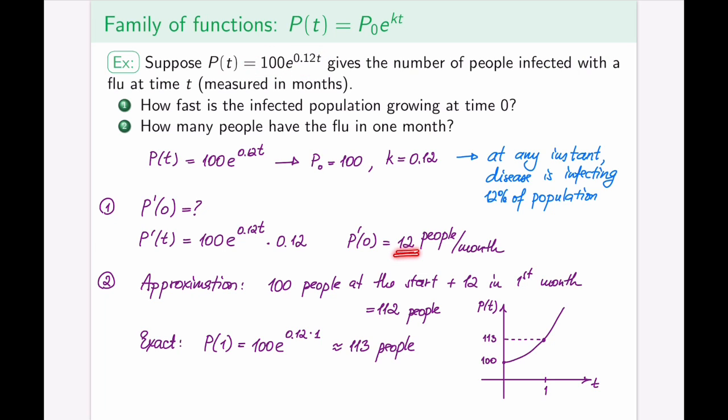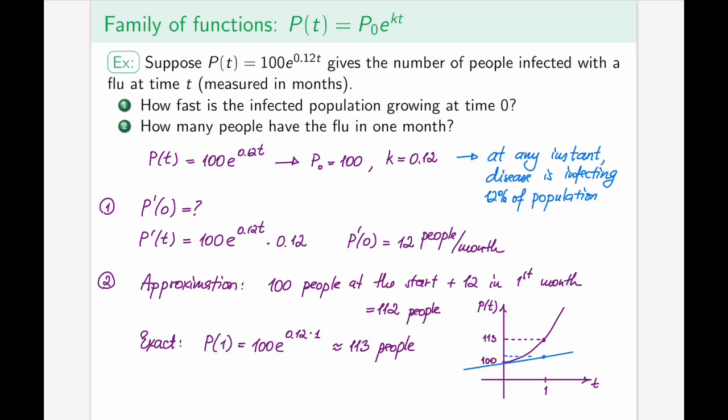So where can I find this 12 people per month rate? Notice that this was the derivative at 0. The derivative on the graph is the slope of a tangent line, and my tangent line was constructed at 0. So what we did here is construct a tangent line at 0, and then look at the value of that tangent line in 1 month.